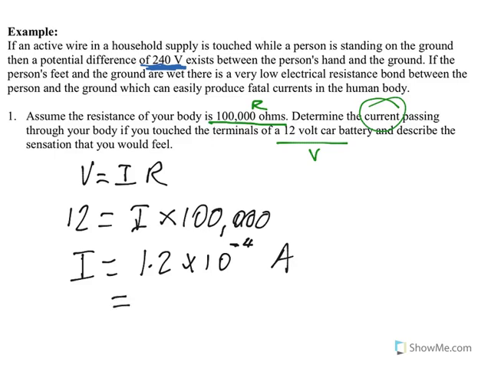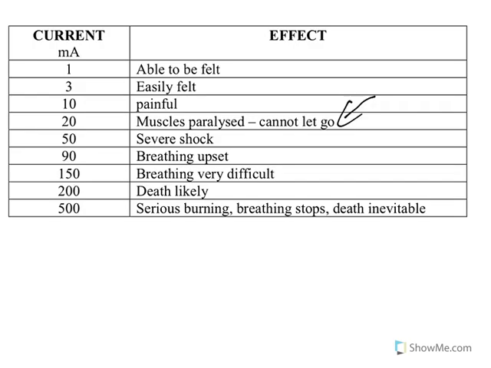So that's 12 milliamps is what we would convert that to. When we have a look at that, here's 10 here, it says painful. So if you put your fingers on that, you probably feel a little bit of a zap.